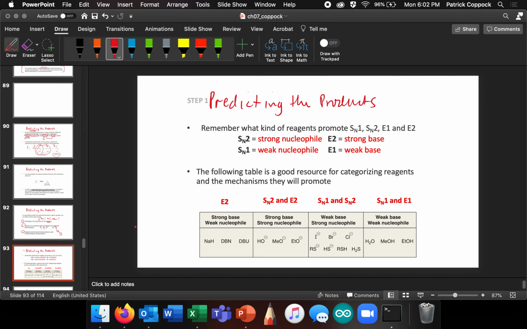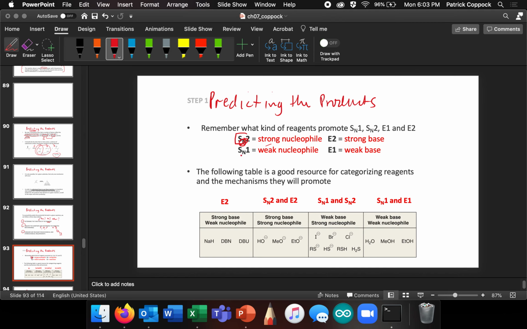All right, so remember now the kinds of reagents that promote SN1, SN2, E1, and E2. A strong nucleophile promotes nucleophilic substitution. That should be obvious, right? Nucleophilic substitution, that's nucleophilic. And a strong base prefers elimination.